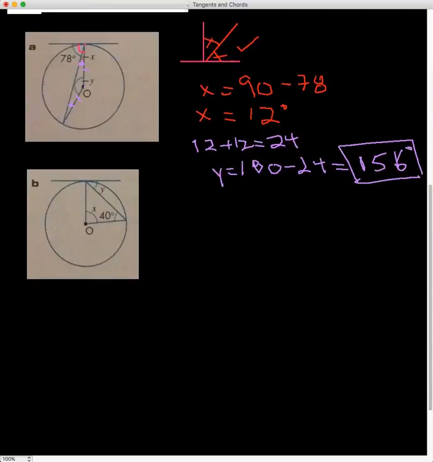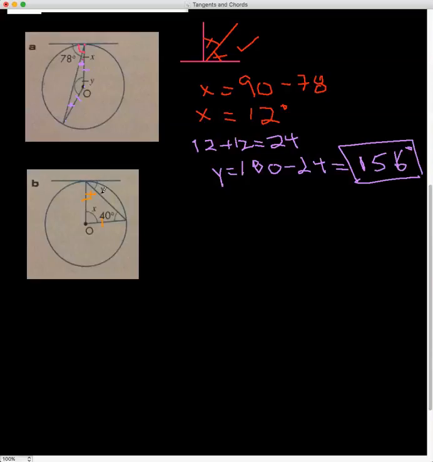For B, let's take a look at what this one has. Alright, so we have this angle y, we have 40 degrees, and once again, the first thing I notice is that these two sides are the same, meaning this angle here has to be 40 degrees. So the sum of these three angles in here have to be 180 for this triangle here.